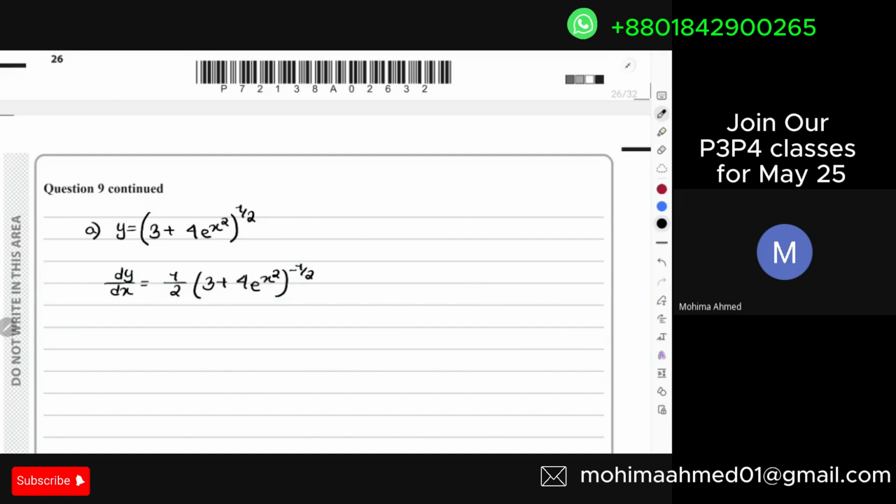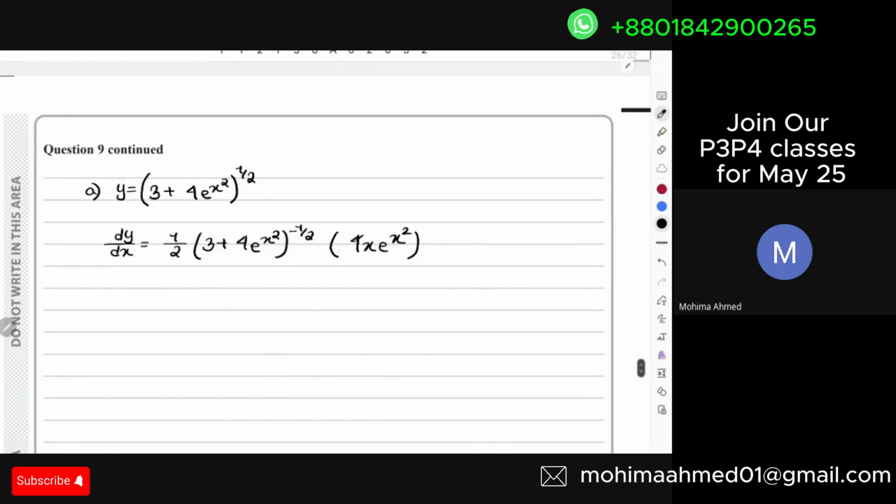I mean, we have 4e power x square, right? So that will be differentiated as 4, when just e power x can be differentiated. For e power x, you'll get x e power x square. So that will eventually be 4x e power x square. So eventually you can write this 4 and 2 cancels out, leaving you with what value? Oh, wait, sorry, made a mistake.